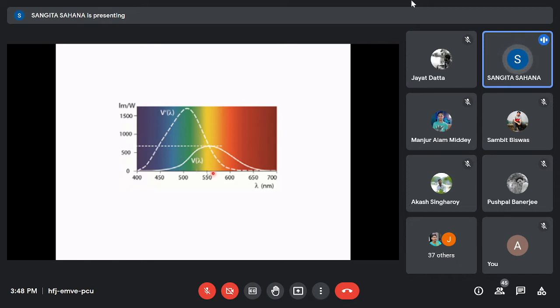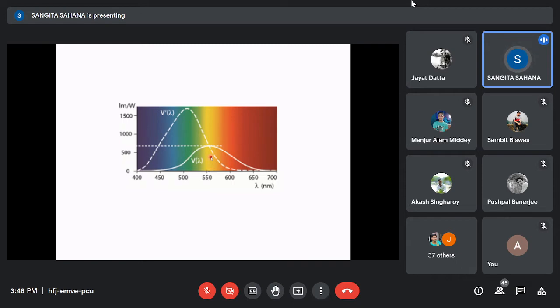So this V lambda is the response function of the cone cell, meaning how our eye can see under sufficient light level. The peak is at 555 nanometer, which is in the yellow region. We know that we can see yellow more bright. We can perceive more yellow light, right?